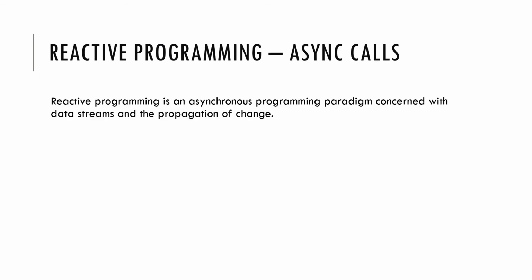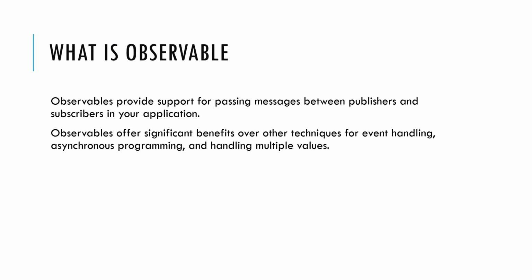So what exactly is reactive programming or async calls? Reactive programming is an asynchronous programming paradigm concerned with data streams and the propagation of changes. So what is an observable? An observable provides support for passing messages between the publisher and the subscriber in our applications.